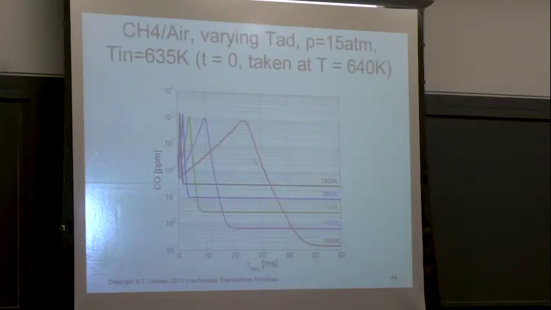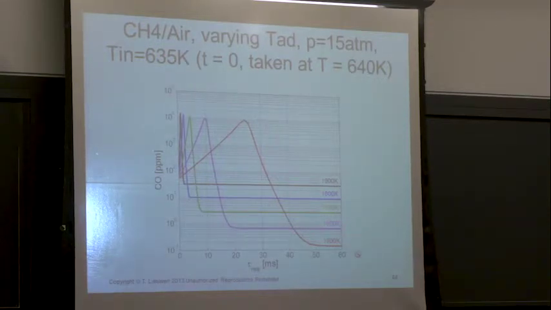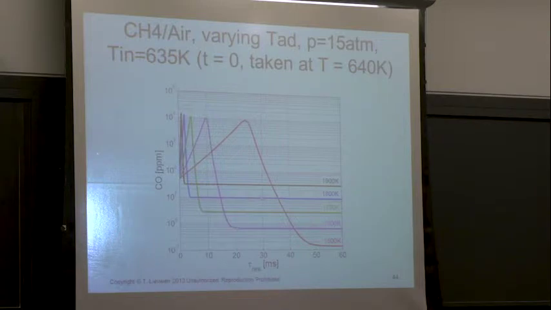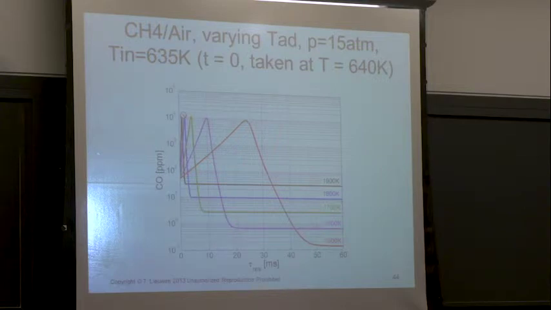And this just shows that in a little bit more detail. It shows CO as a function of residence time. You can see this spike in the flame, and then you can see it falling towards equilibrium. A couple of things you can notice here. First of all, you have on the order of 10,000, 20,000 parts per million of CO in the flame, which is why you can kill yourself.